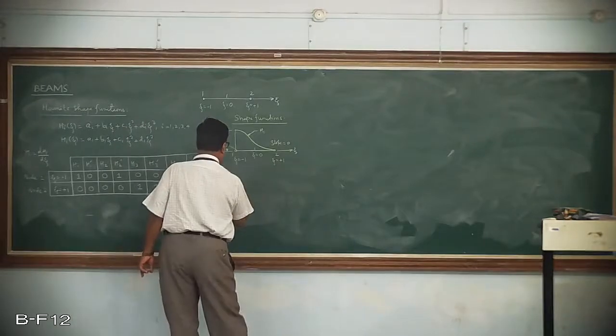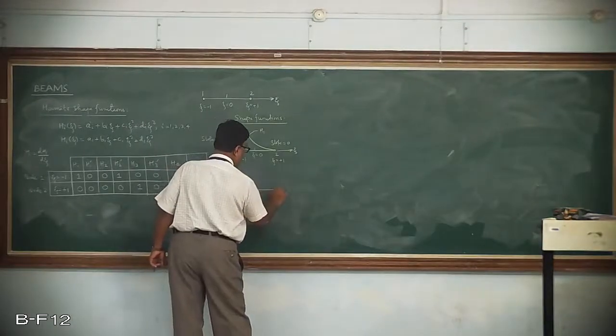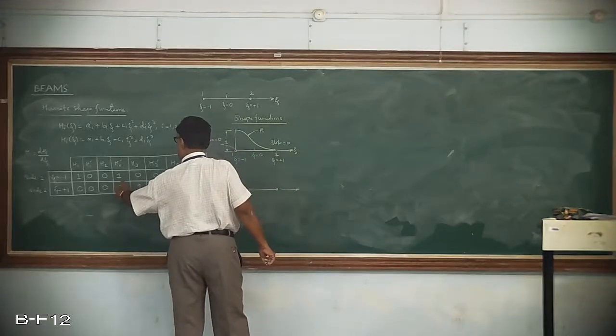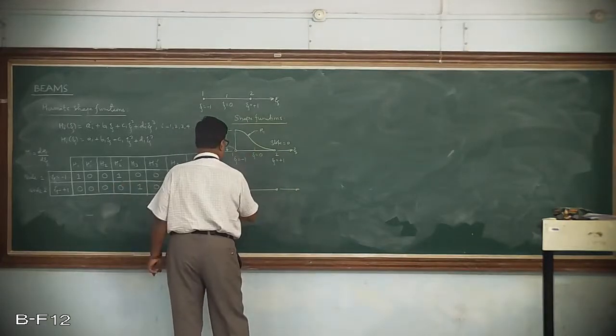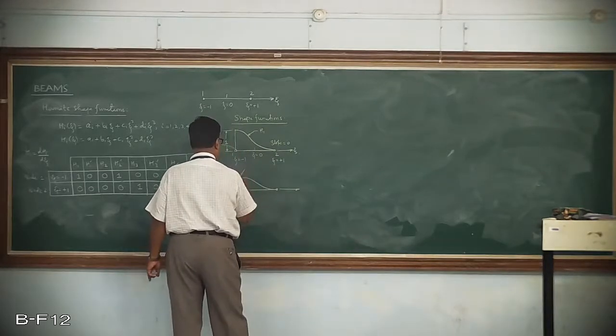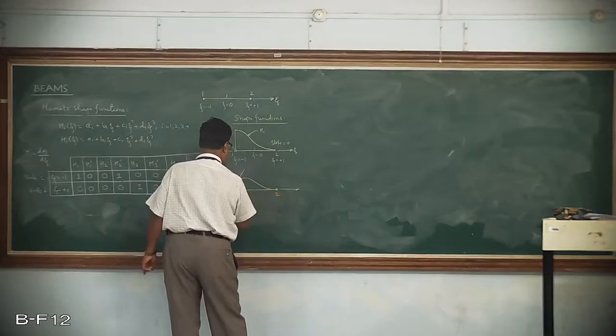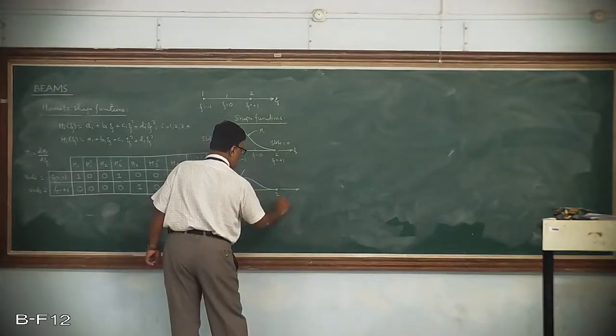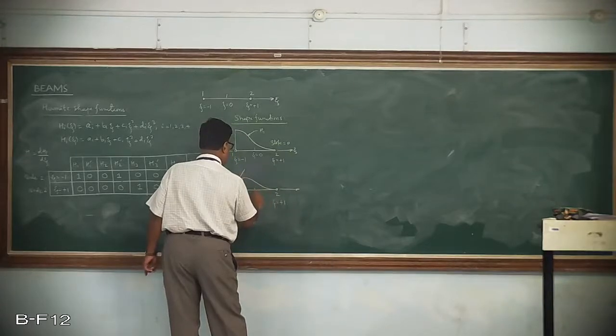Now suppose I want to consider the second shape function, H2. This is the shape we are going to get for H2. If I draw node 1 and node 2 here, again this is zeta equal to -1, zeta equal to +1, and this is zeta equal to 0.